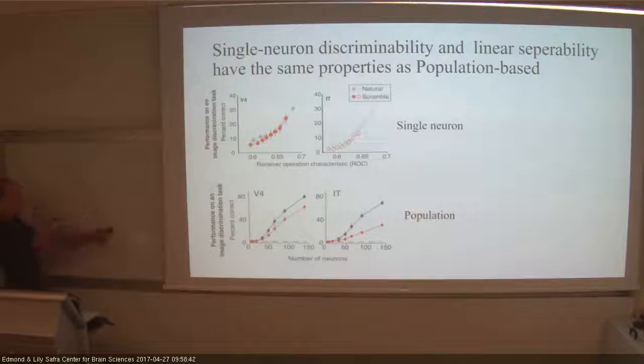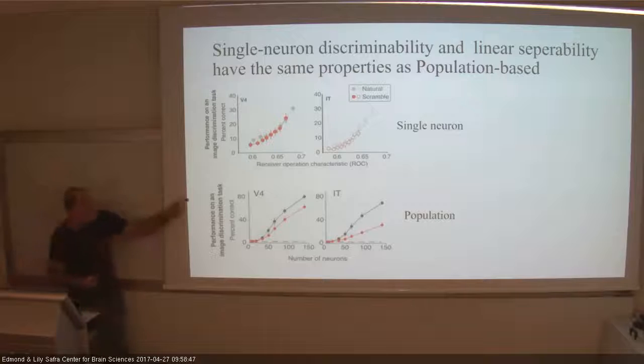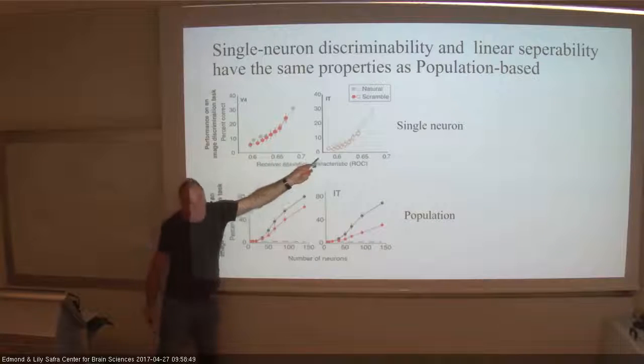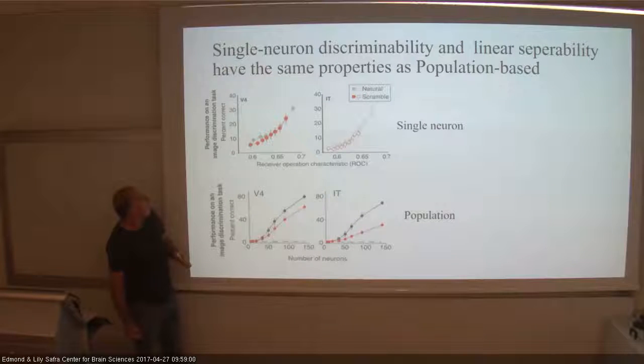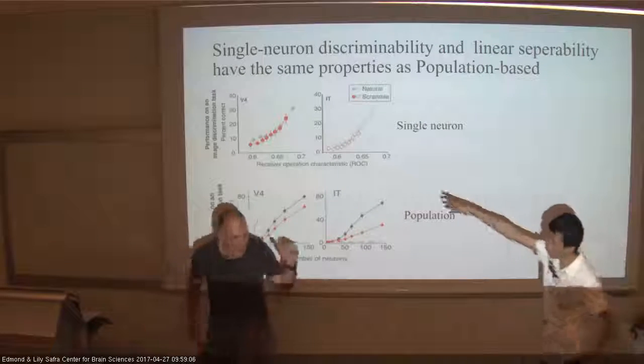The less overlap you have, the better the discriminability. So maximum ROC is 1. Certainly these neurons have information above 0.5, because 0.5 is just chance level. And the performance is a behavior, or is it a neuronal thing? Oh, okay. So you mean the y-axis, right?